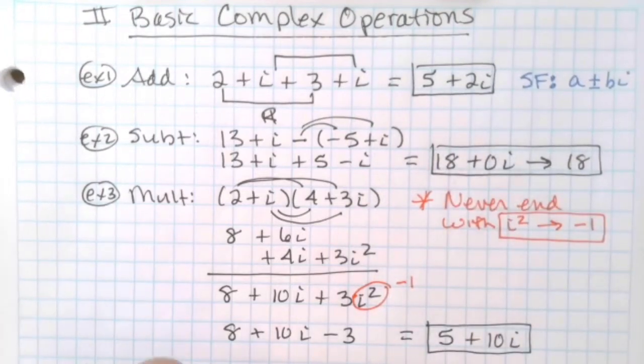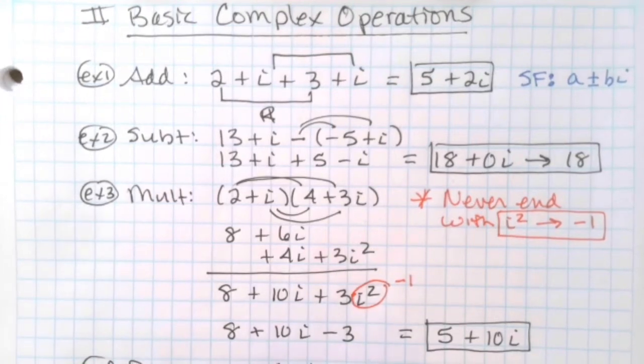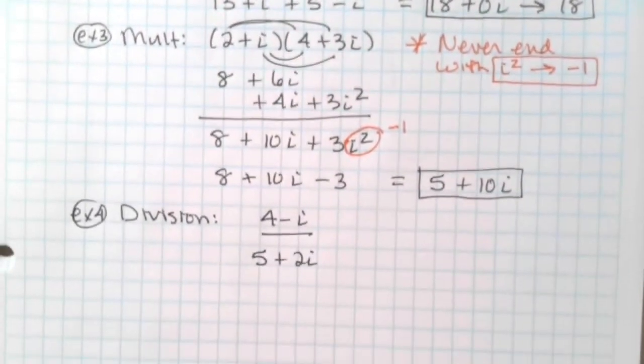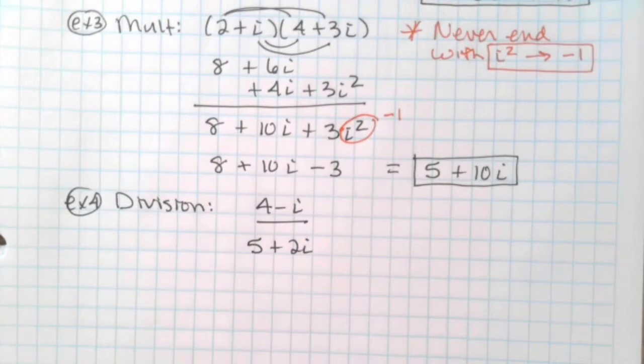All right, example 4. We're going to do division. We're going to do 4 minus i divided by 5 plus 2i. Now, division with complex operations isn't like polynomial long division.